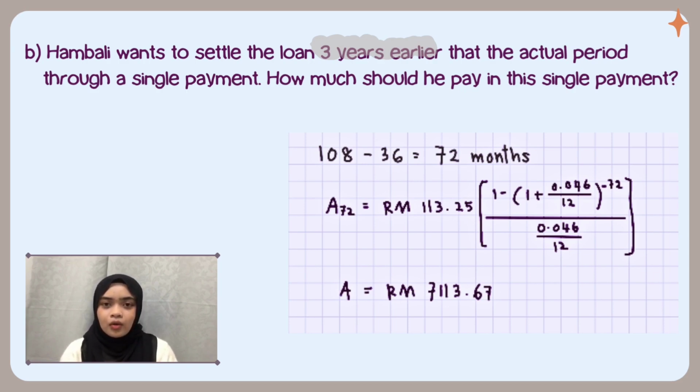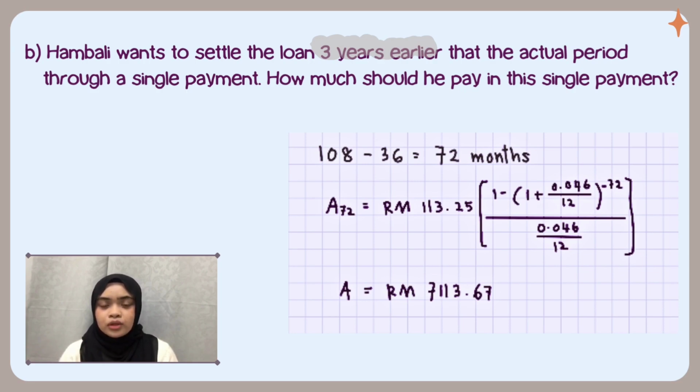When he wants to settle 3 years earlier, 9 years in months is 108 months and 3 years in months is 36 months. So 108 months minus 36 months gives 72 months.